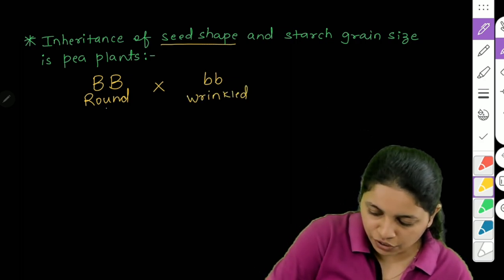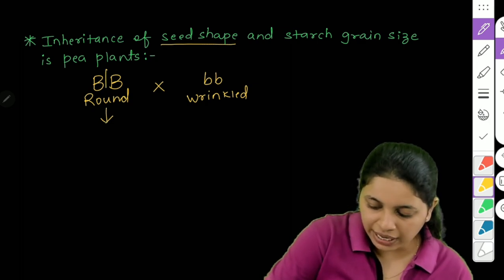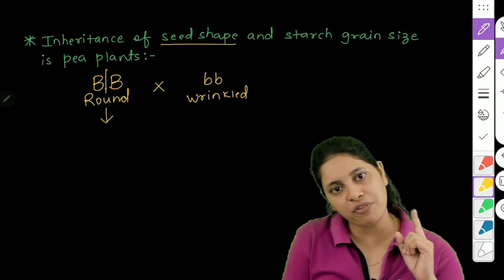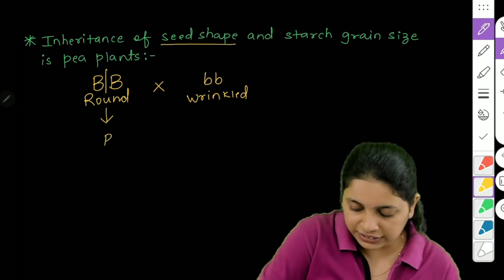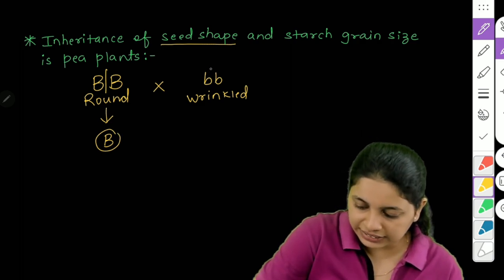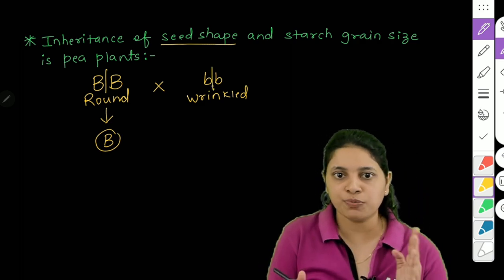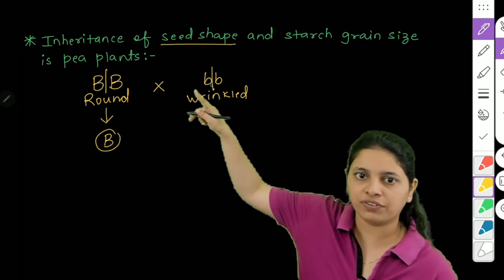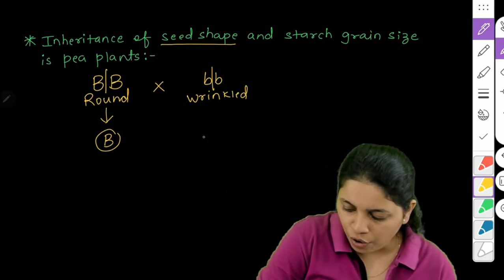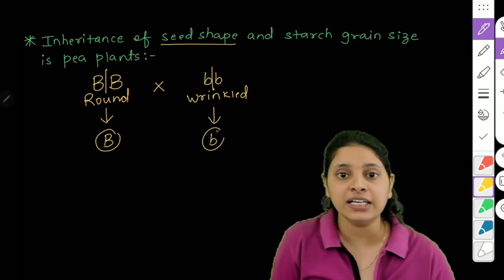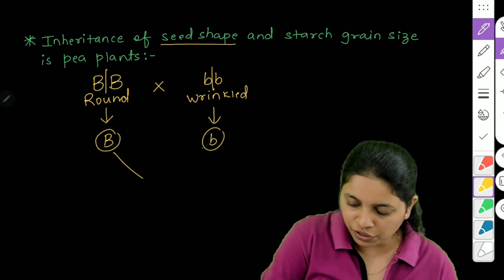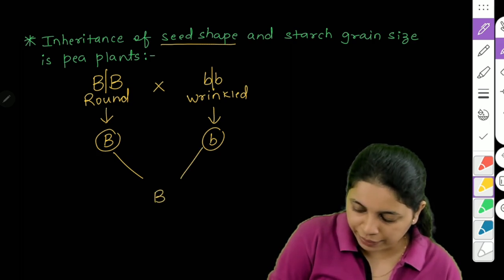Now, when gametes form, what will we see? Capital B will separate, and we will get only one type of gamete, capital B. And in the second plant with wrinkled seeds, small b will separate, so you have only one type of gamete, that is small b. Now, these two gametes will fuse and you will get the offspring capital B, small b.